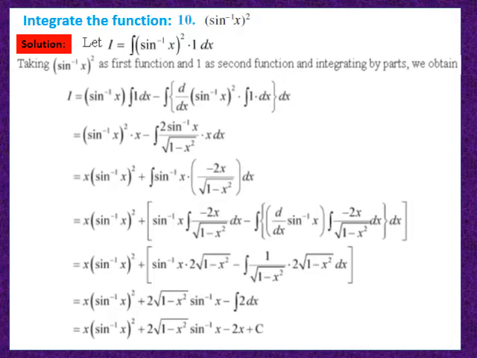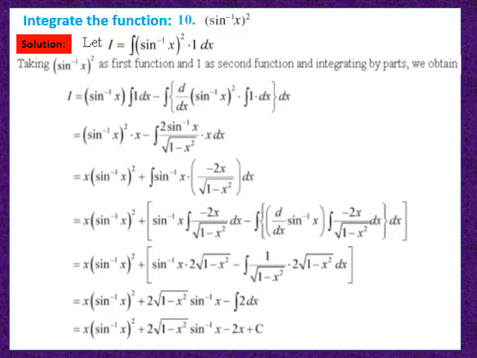Then applying the method of integration by parts, sin inverse x whole square times the integral of 1, minus the differentiation of sin inverse x whole square into the integral of 1 dx. Clear? So sin inverse x whole square, the integration of 1 is x, and for sin inverse x whole square, first the power 2 sin inverse x, and then for sin inverse x we applied the chain rule, 1 upon under root 1 minus x square, and for the integral of 1 dx we are getting x dx.